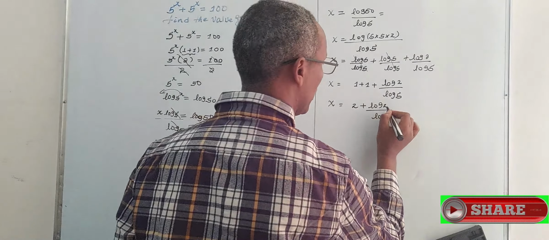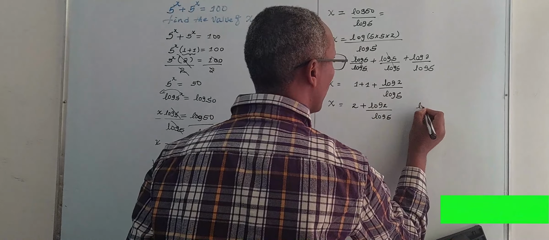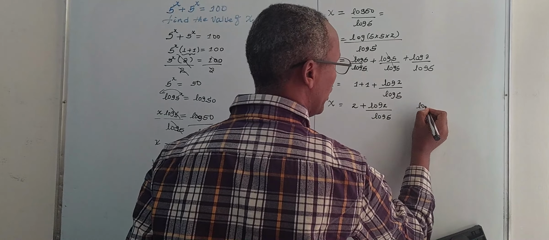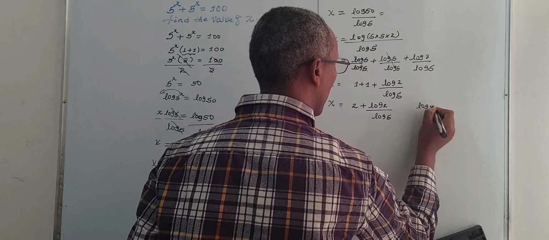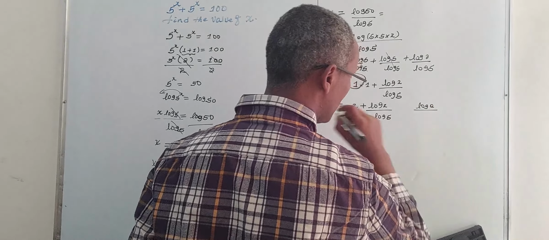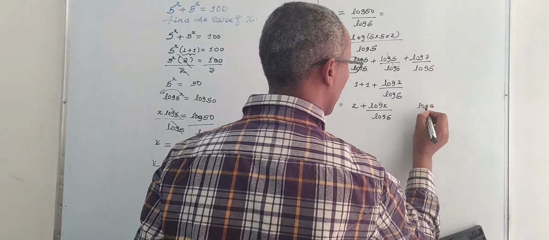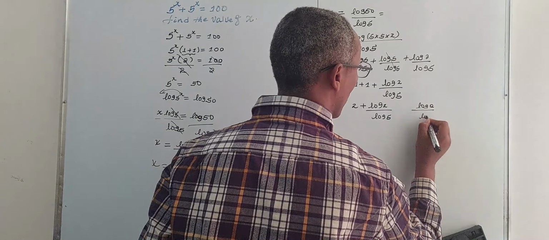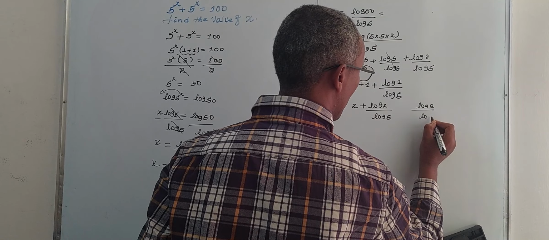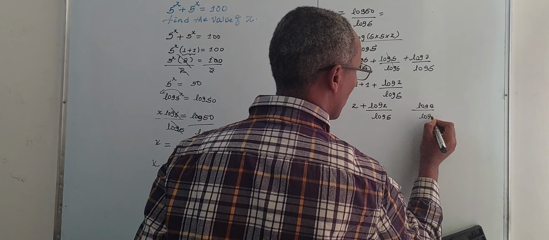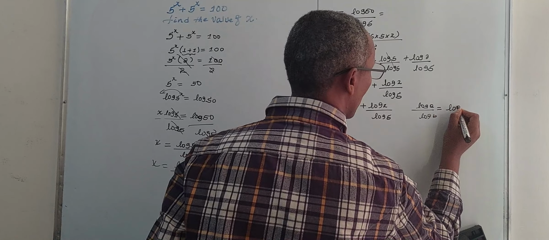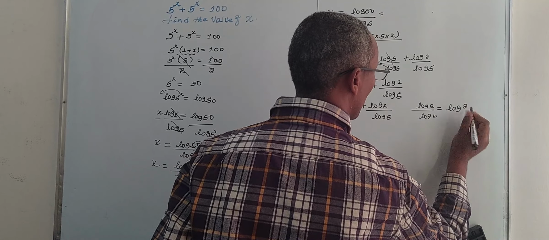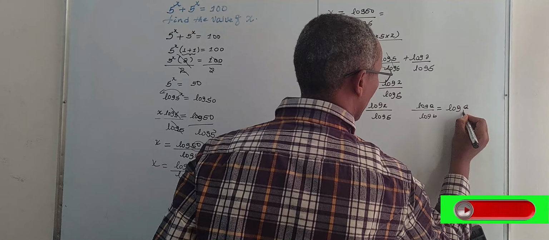Now from this you can apply a logarithm rule, basically log of a over log of b is equal to log base b of a, right?